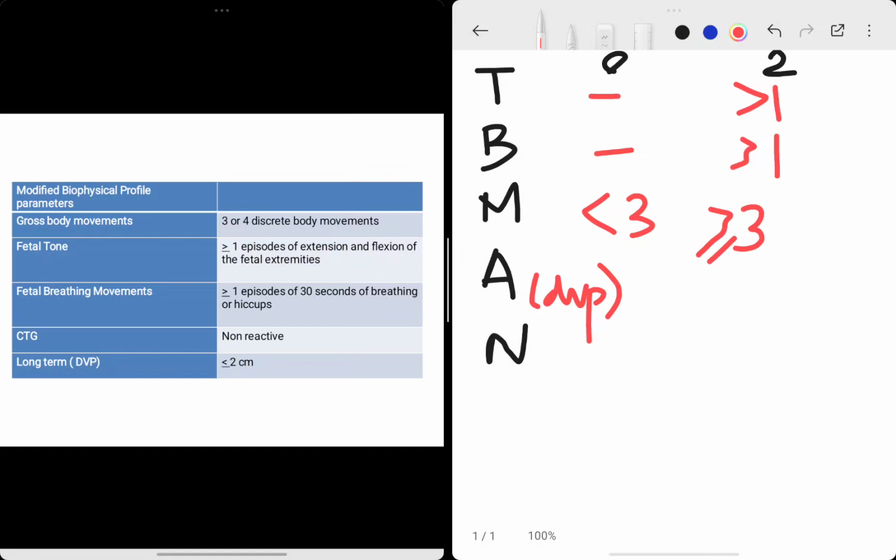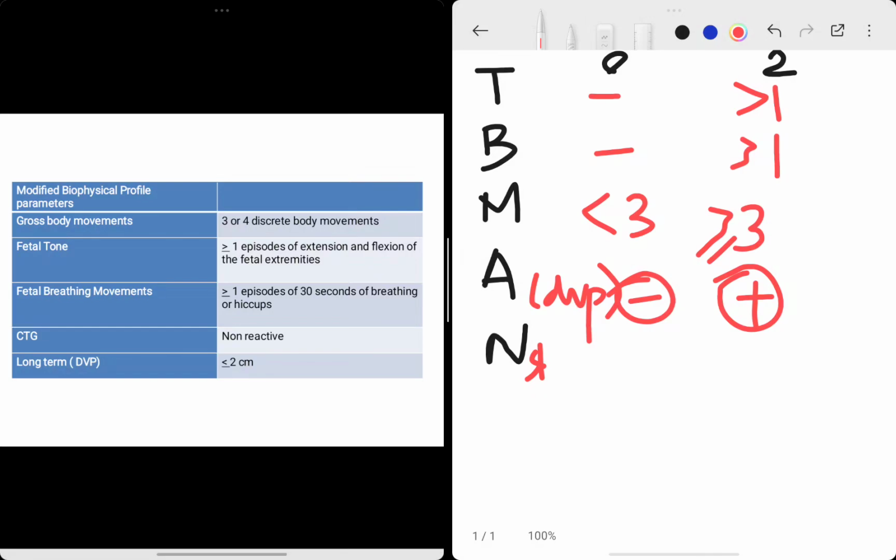So if there is more than one pocket of fluid measuring more than 2 centimeters in two perpendicular planes, or the deepest vertical pocket is present, then this is given a score of 2. And if there is no deepest vertical pocket or the size is less than 2 centimeters, then this is given a score of 0.